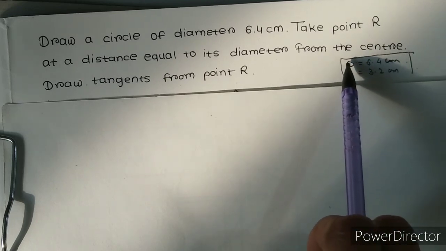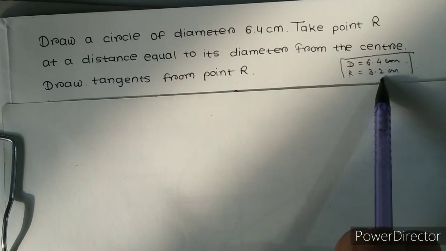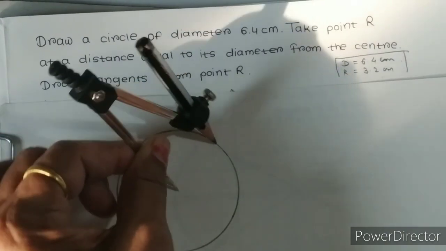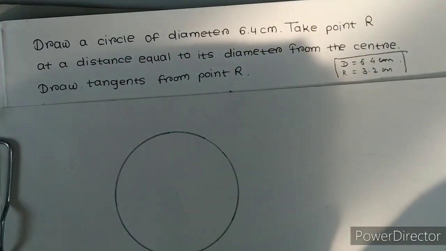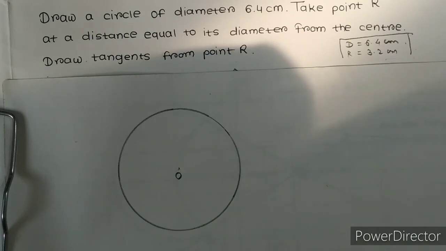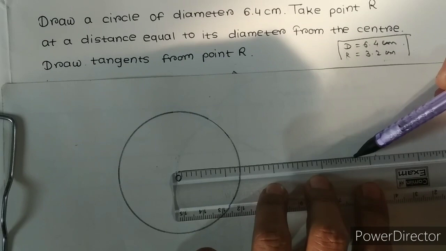Radius is half of diameter, and since the diameter is 6.4 cm, the radius is 3.2 cm. Here a circle of radius 3.2 cm is drawn. Let O be the center of the circle. Draw a ray passing through the center.